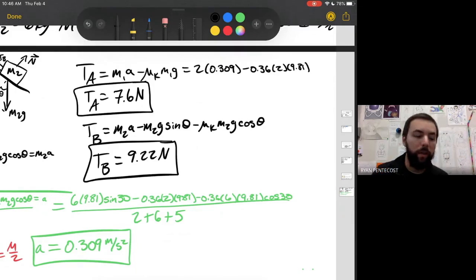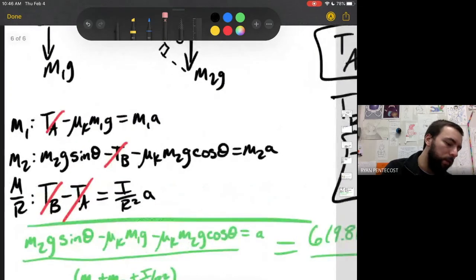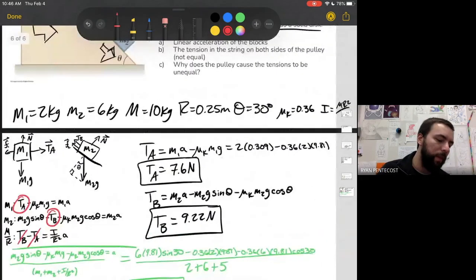So that's how you can find the tensions. That's by going back over here and looking at where tension A and tension B are. Solve for that, solve for that. Now that you have acceleration, you've got all the numbers you need.